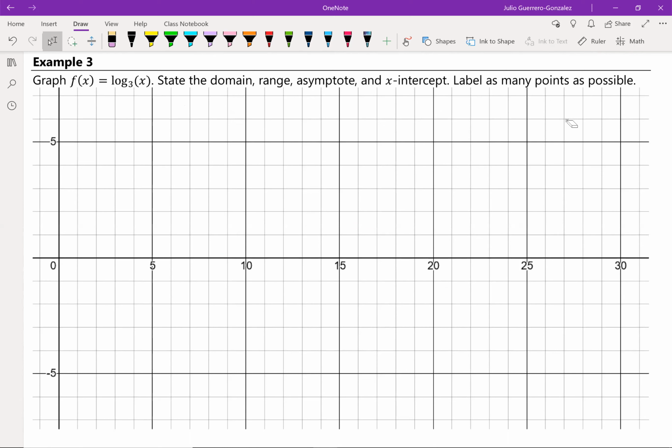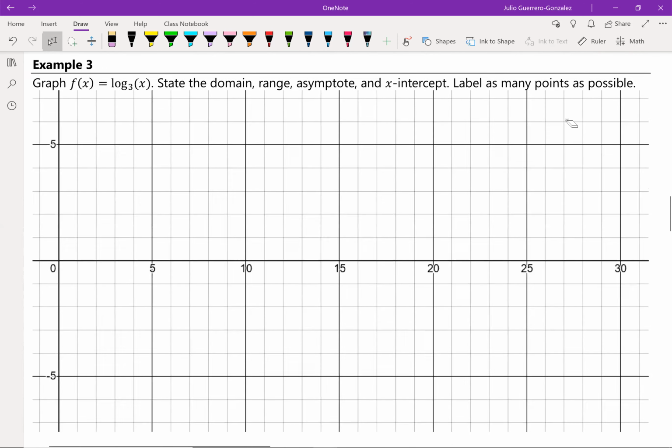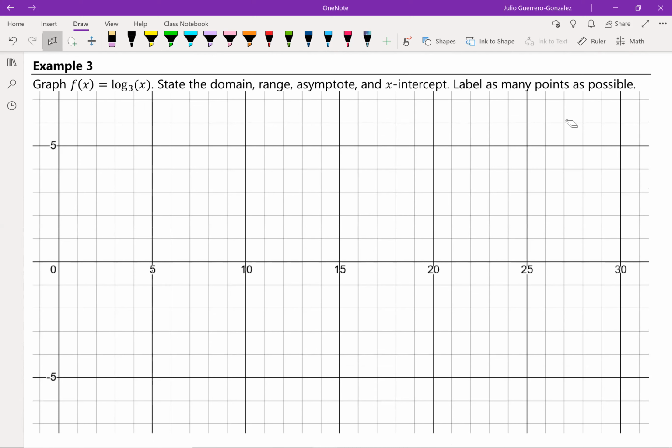So automatically, where should it cross the x-axis? Should it cross at 3? Negative 3? Where's the x-intercept?